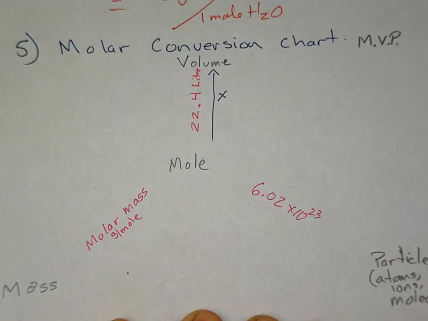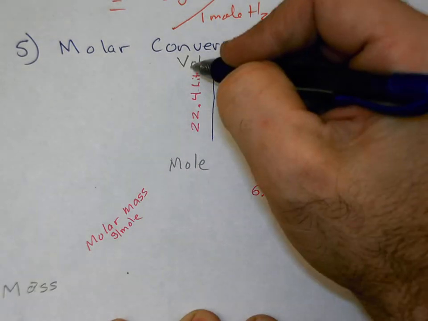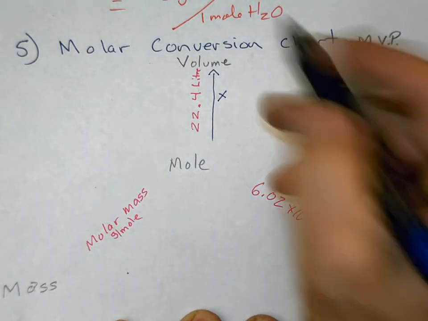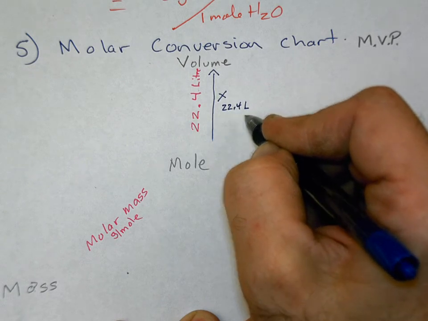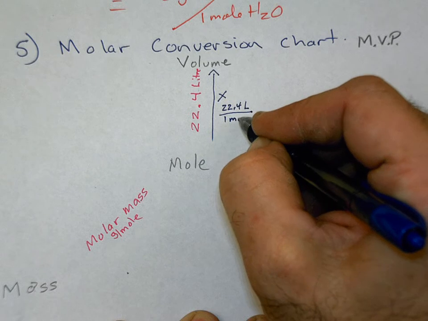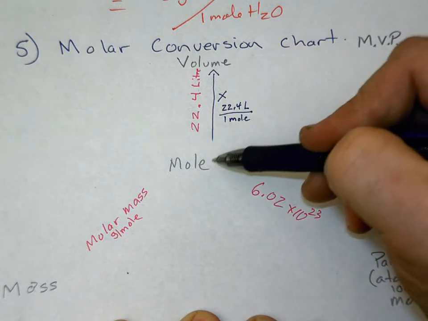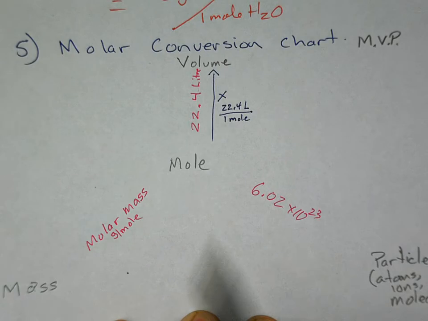That'll be the factor you use. We have 22.4 liters in 1 mole, and that would actually be the conversion factor you would put in. But if you're going from the middle of the chart up to the top, we're multiplying by 22.4.